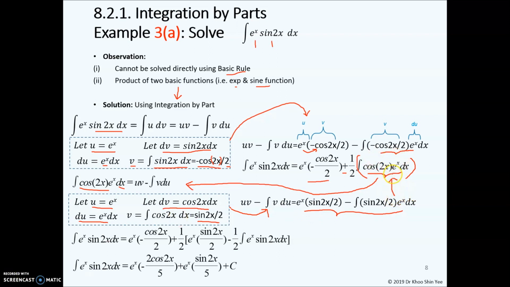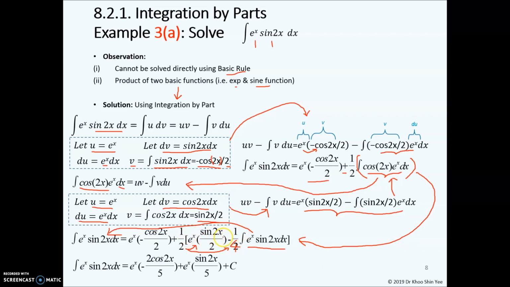So after you substitute this inside, we can form a new equation here. And from this equation, you can see that although we cannot solve the integration of e^x sine 2x here, we can bring it to the left hand side. To do this, we have to multiply 1 over 2 inside the bracket as well. So this one multiplied here, and multiplied with this, we get 1 over 4.